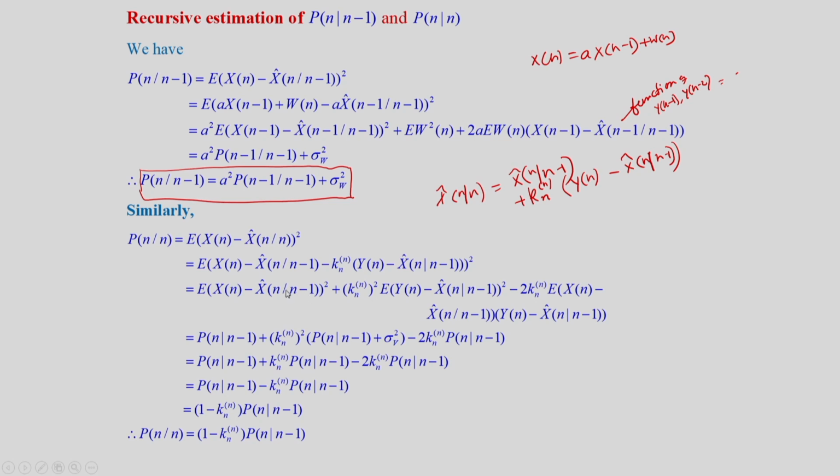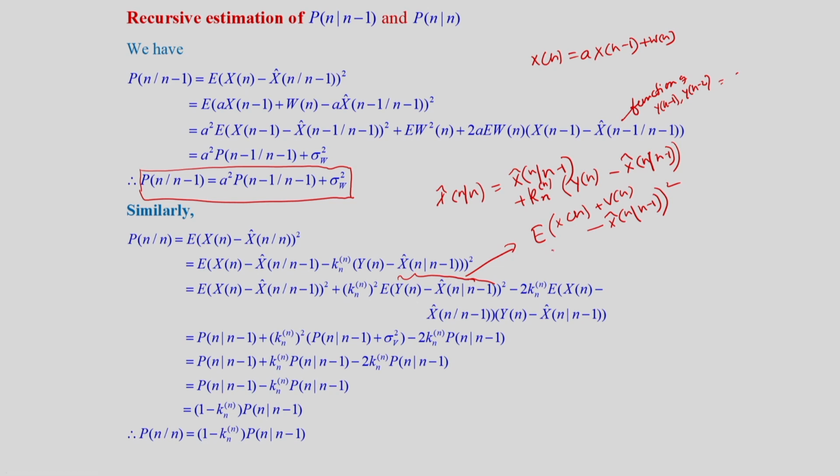Now, obviously, this part is the mean square prediction error P of n given n minus 1, and this term will be E of (y n, which is equal to x n plus v n, minus x hat n given n minus 1) whole square.